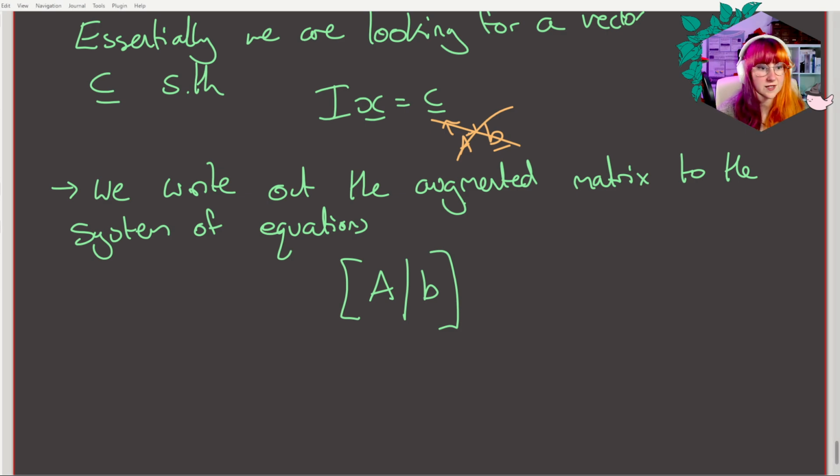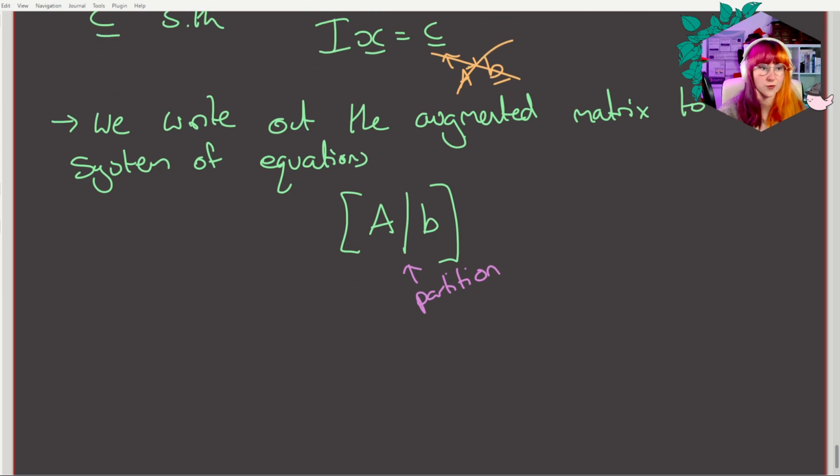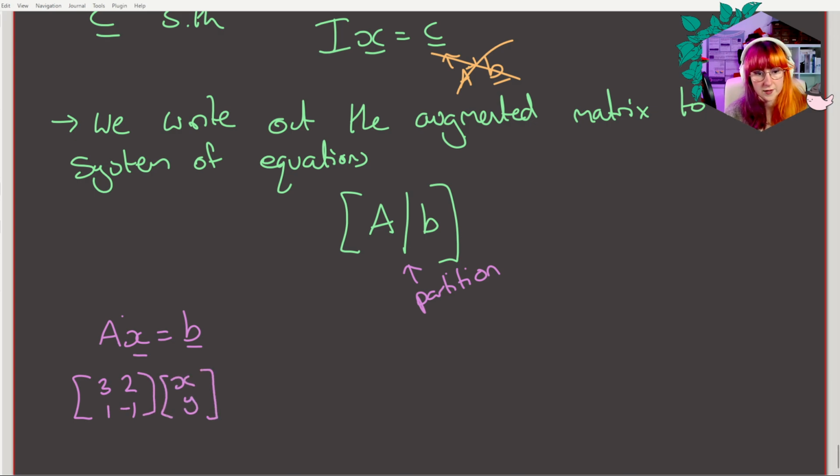Okay. And here, this line is just an artifact so that I know what I'm doing, but it's called a partition. We can write a matrix as a subset of different partitions, but the overall matrix will have some form. So in the case that we had before, AX equals B was 2, 3, 1, 3, 2, 1, minus 1, times X, Y, equals 4, 7.